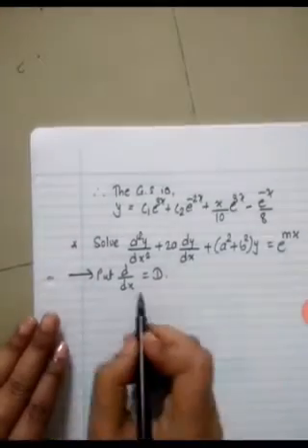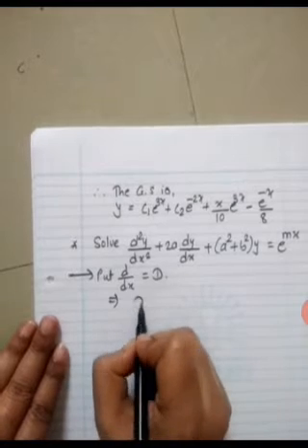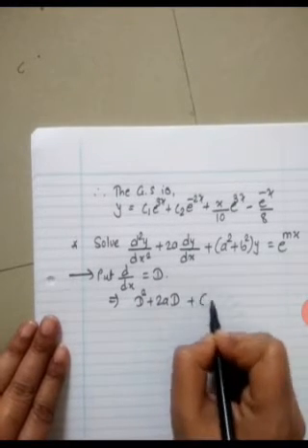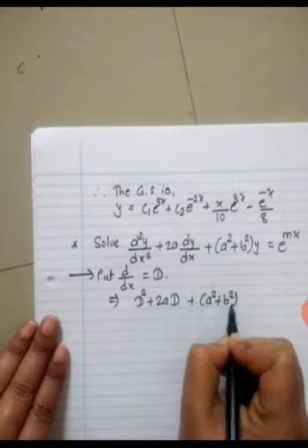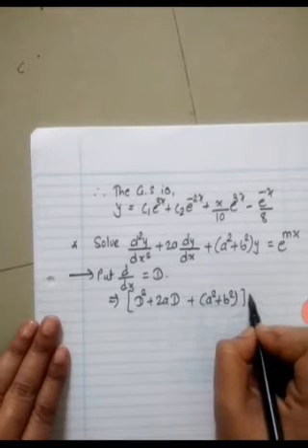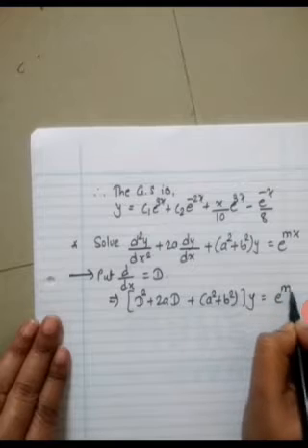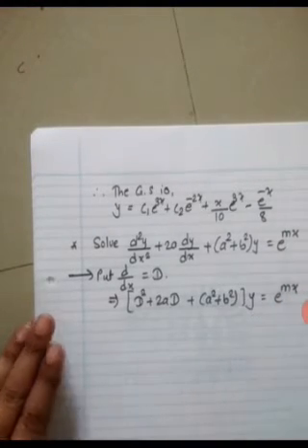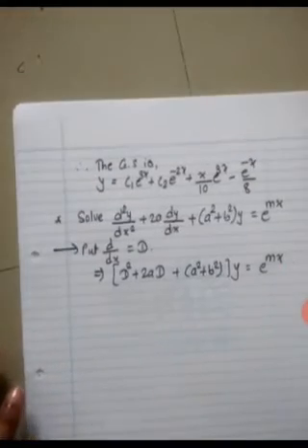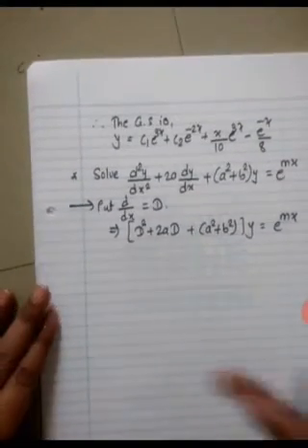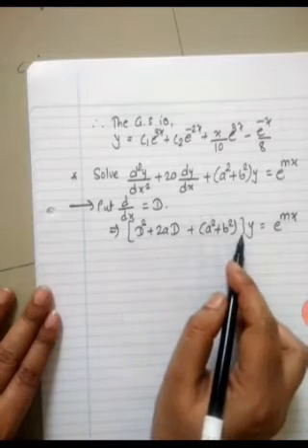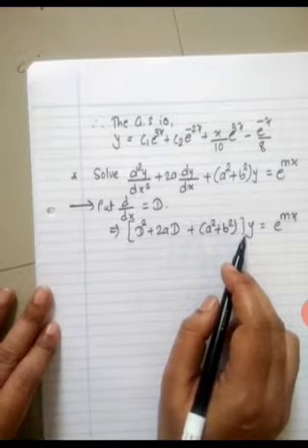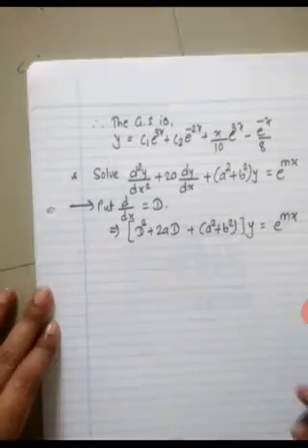Okay, so we get d square plus 2ad plus a square plus b square, y is equal to e raised to mx. That is phi d y is equal to e raised to mx. This is your phi d, and such thing we cannot calculate on calculator. So how to calculate it?